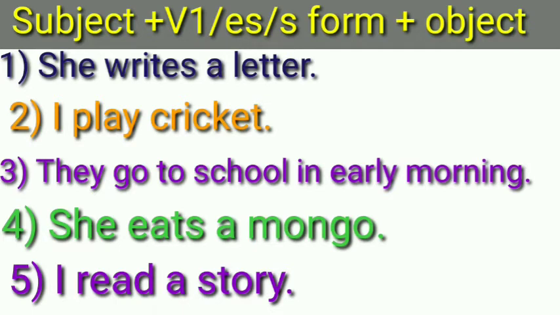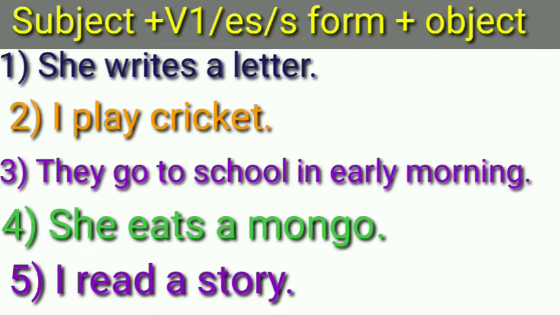She is subject here, eats, that is verb here. Here students, s is attached to the verb because she is third person singular. A mango, that is object here. After that, I read a story. I is subject, read is a verb, and a story is object.